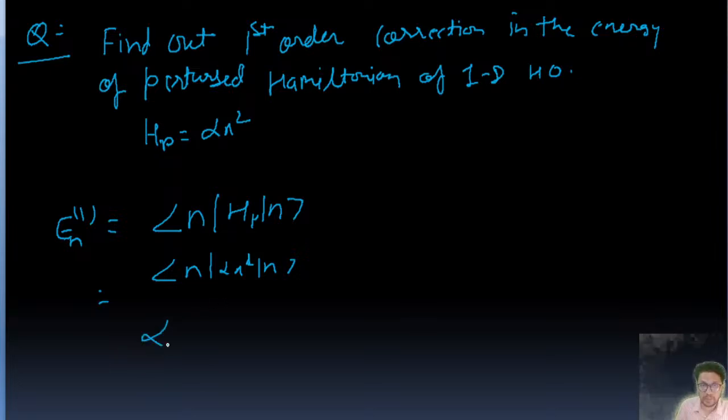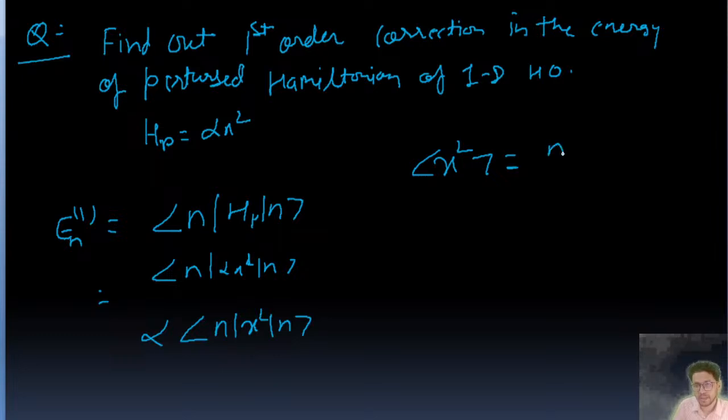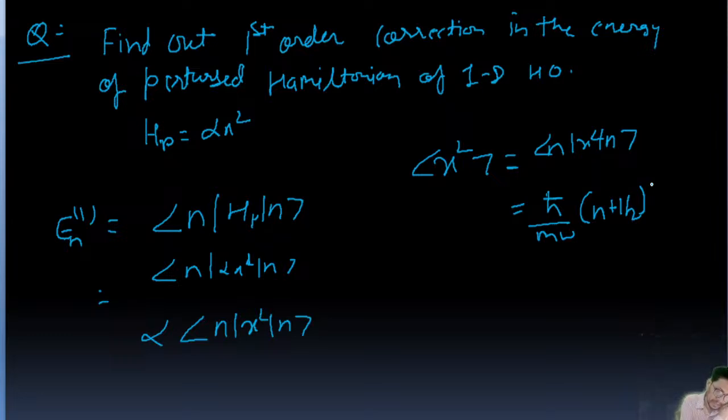So alpha we'll take outside, and this is going to be <n|x square|n>. I have already explained the expectation value of x square in my previous lecture of simple harmonic oscillator, and this value is h cut upon m omega into n plus half.